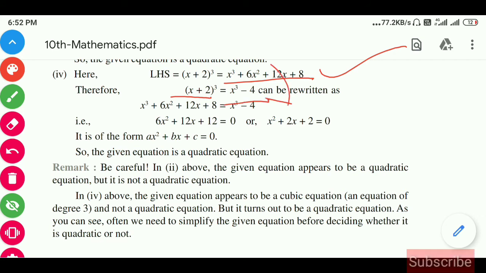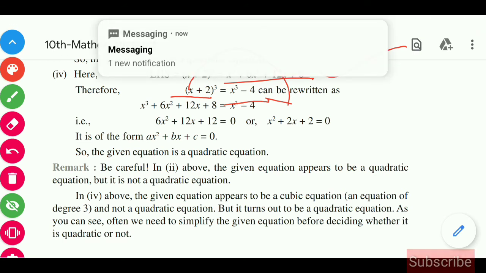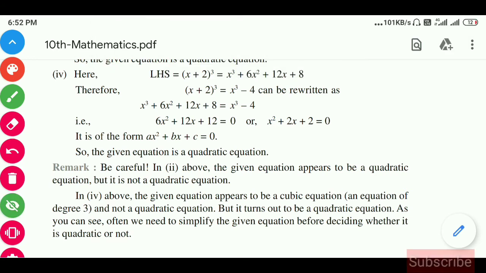Resolving, taking this x cube minus 4 in the LHS, we will get an equation: x cube plus 6x square plus 12x plus 12, because this x cube and this x cube get eliminated.